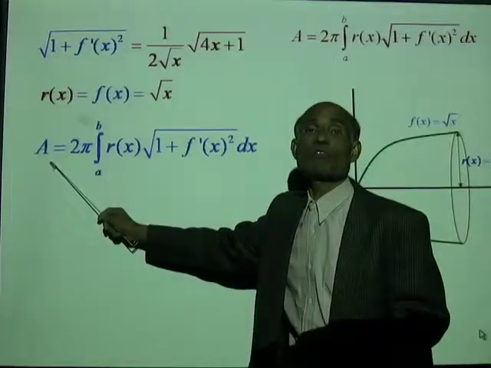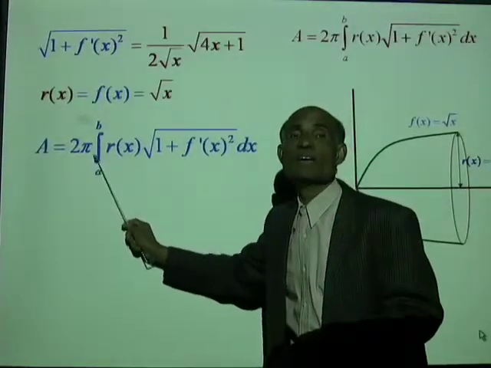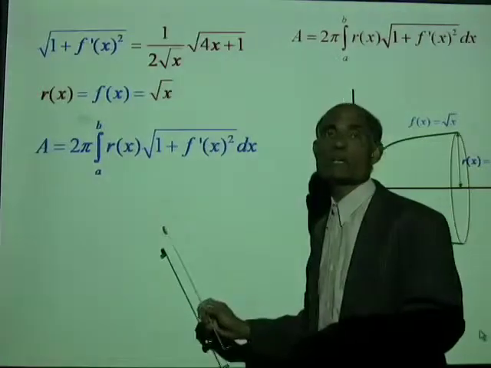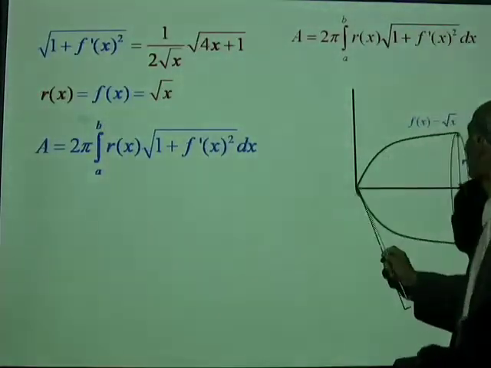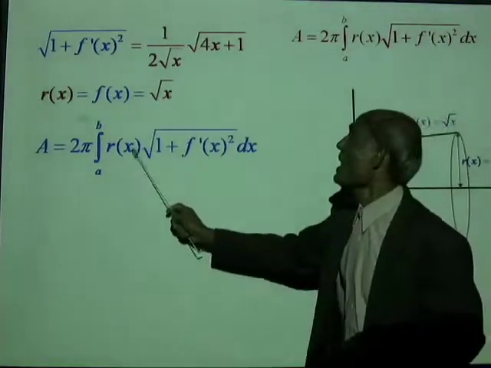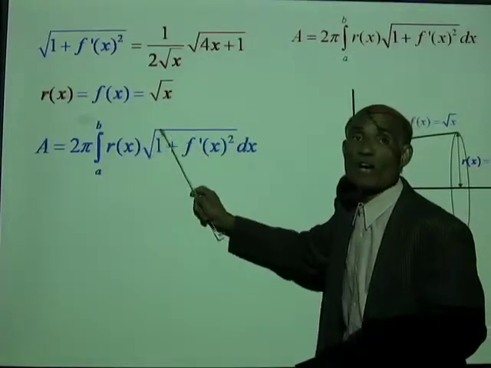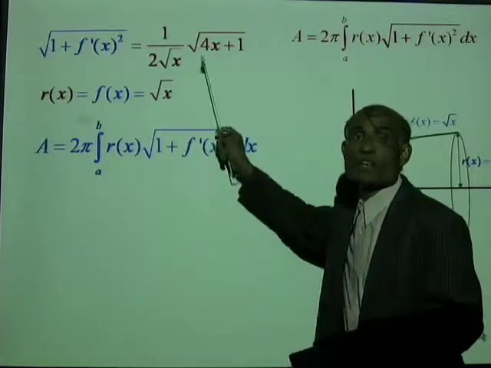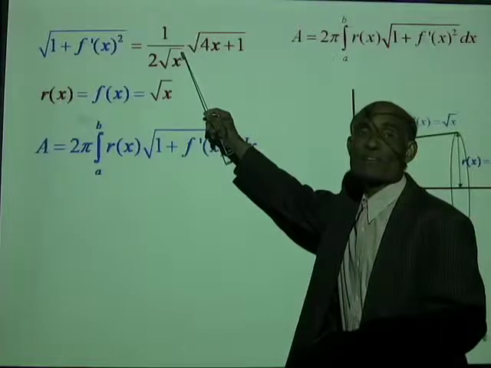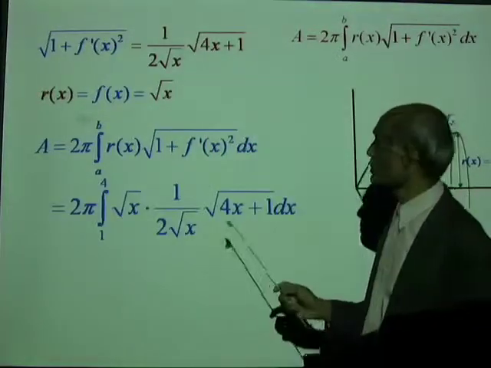The area of revolution is 2 pi integral a to b, which is given to us, 0 to 4. R of x is square root of x, and this quantity is simplified like this. So let's put it all together.